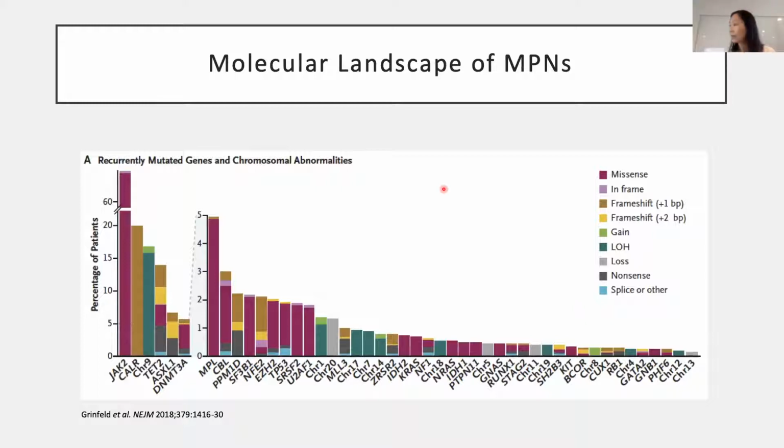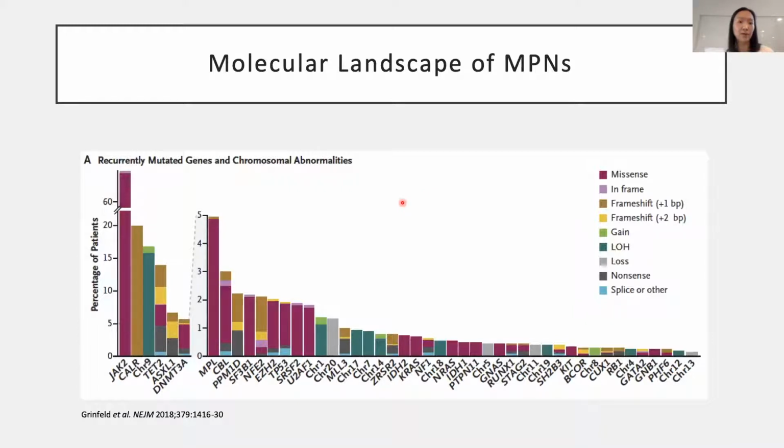And in this cohort, it should be noted that about 65% of the patients had ET, meaning that the remainder of the patients had PV or MF. So the prevalence of these mutations may be slightly underestimated for MF, which we already know tends to have a higher mutational burden in other myeloid leukemia genes compared to ET. So just bear that in mind.